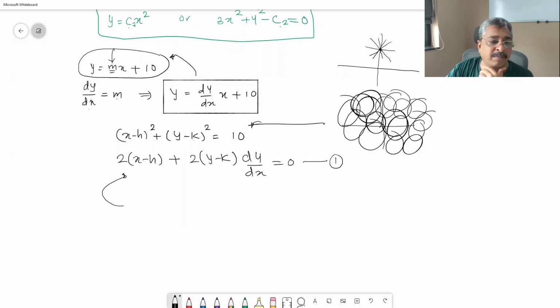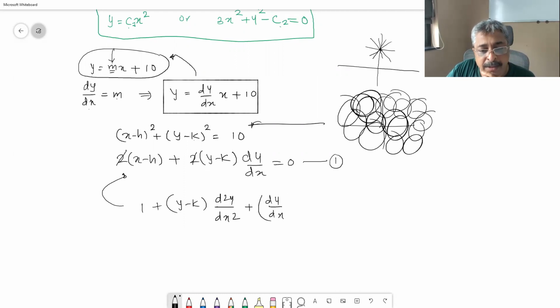And because I know I am supposed to differentiate one more time, 1 minus h is gone, plus I am supposed to differentiate, so (y minus k) into d2y by dx square plus dy by dx into dy by dx is equal to 0.